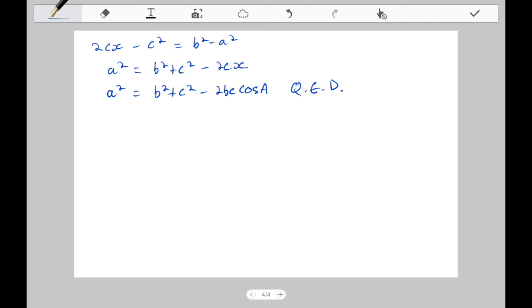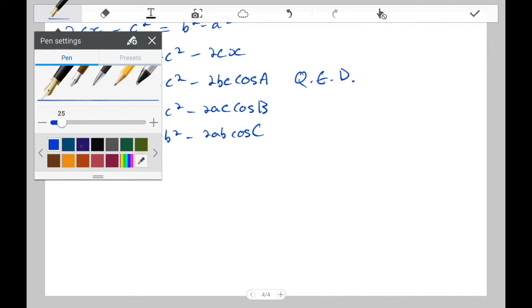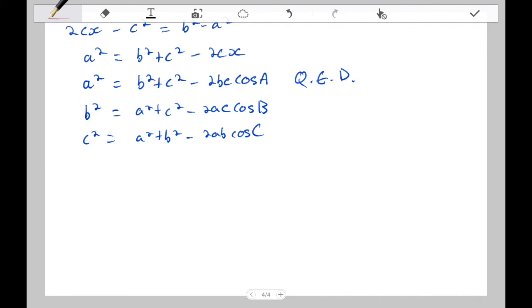Now this is also an iterative formula, which means that a squared equals b squared plus c squared minus 2bc cos A, but also b squared should equal a squared plus c squared minus 2ac cos B, and c squared equals a squared plus b squared minus 2ab cos C. And you can see that in exactly the same way that we have just shown the first one.